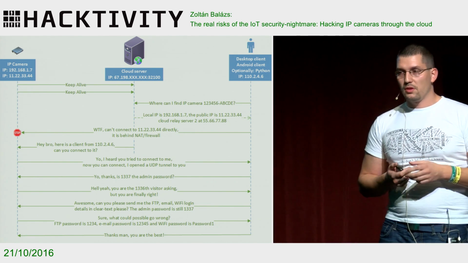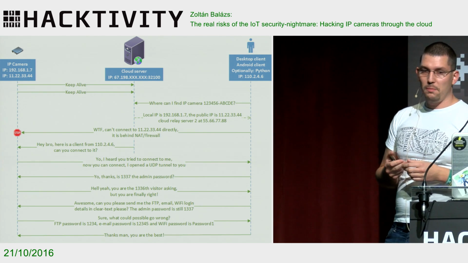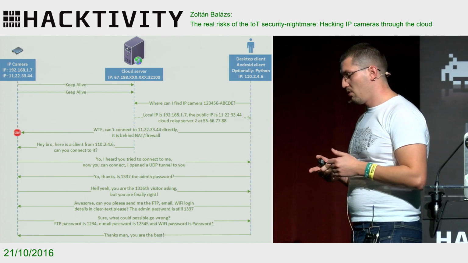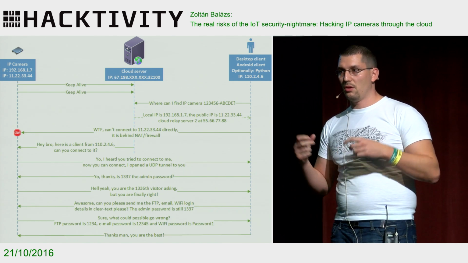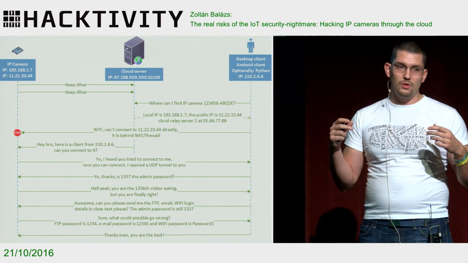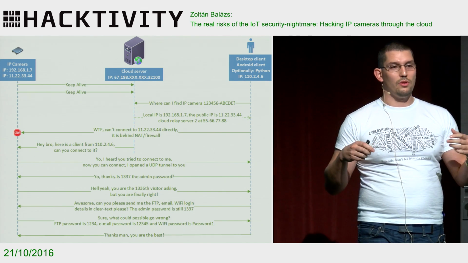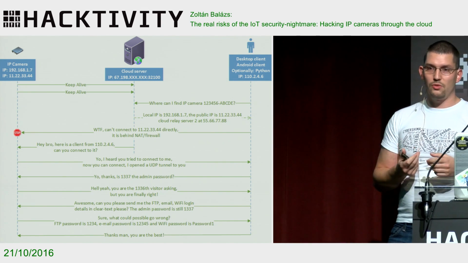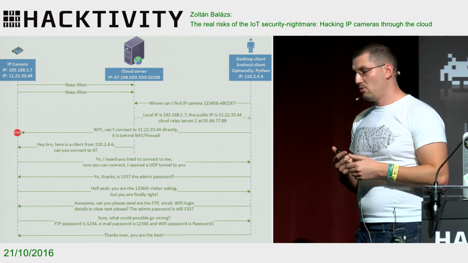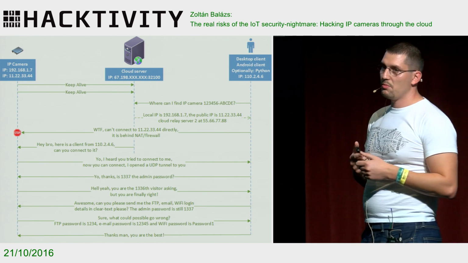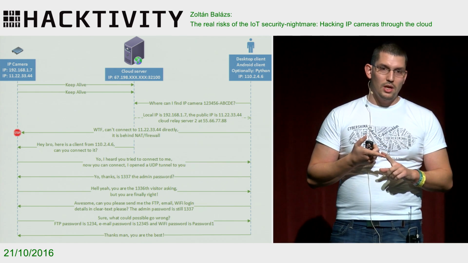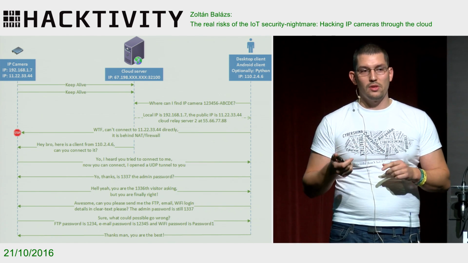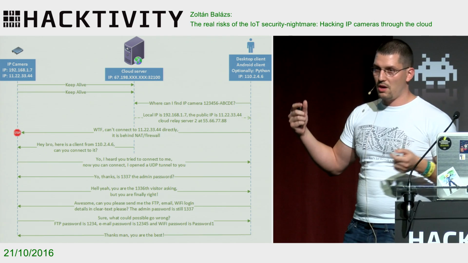The response, if it's a valid camera ID, is three IP addresses. The first one is the local IP address, which I can connect to if we are on the same LAN network. The second IP address is the publicly accessible IPv4 address for this camera. And the third one is a cloud server IP address if both devices are behind NAT.